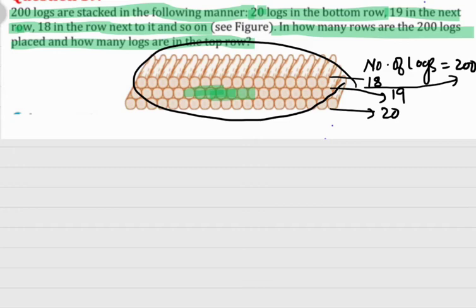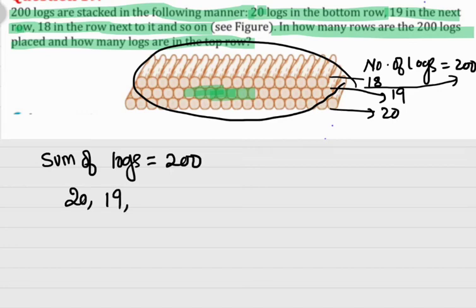And then we have to find out how many total rows can be formed out of 200 logs. That means the sum of the logs is equal to 200. Now how are the rows formed? In row 1 you have 20 logs, row 2 has 19 logs, row 3 has 18 logs, row 4 has 17 logs, and this way the rows are moving up.